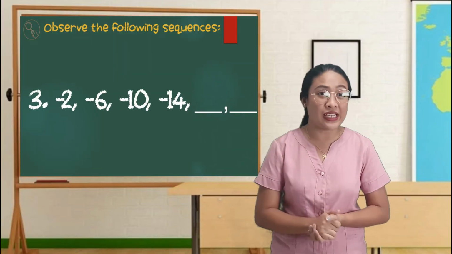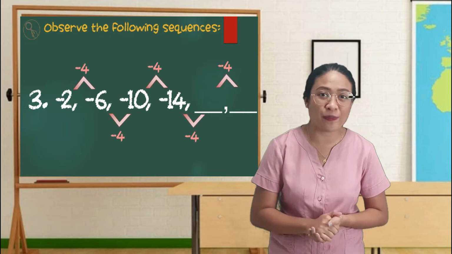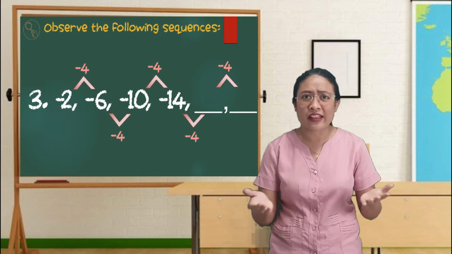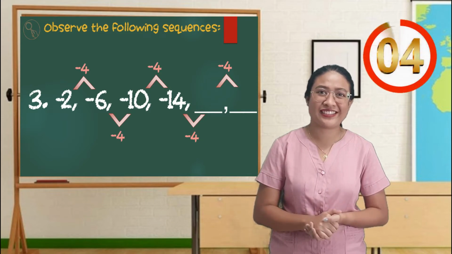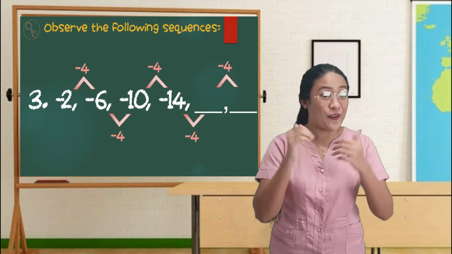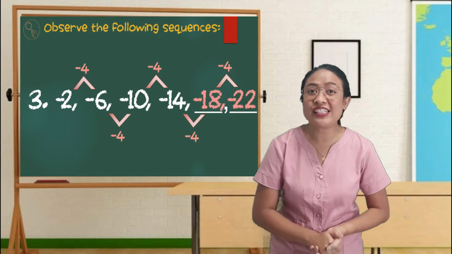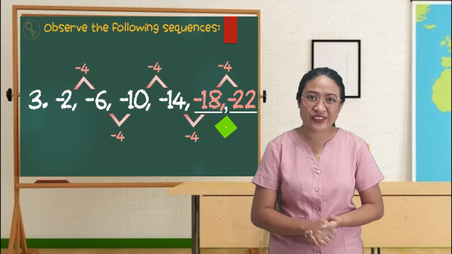For item number 3, if negative 4 is added to the preceding terms, then what are the next two terms? Very good! These are negative 18 and negative 22.